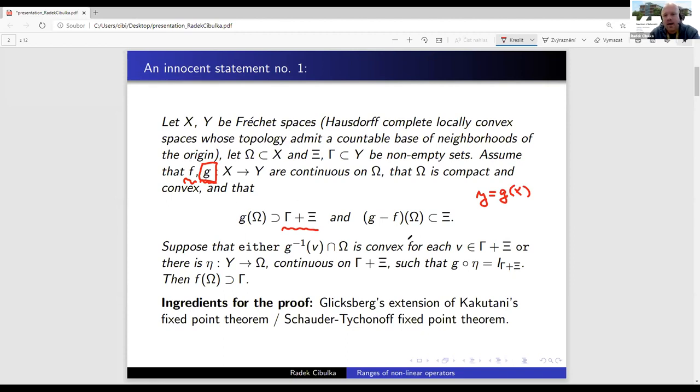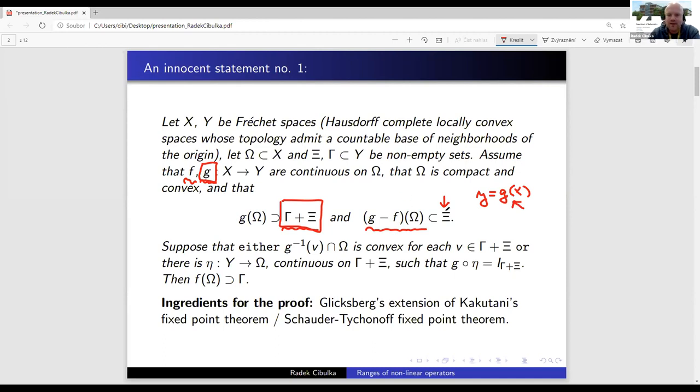For G, so I am able to solve something like this, and I have another function, say f, and the difference between G and f is not big. So this is hidden in this set. So roughly speaking, I am able to solve this equation for a bigger set of right-hand sides, and G and F are not too much distinct.